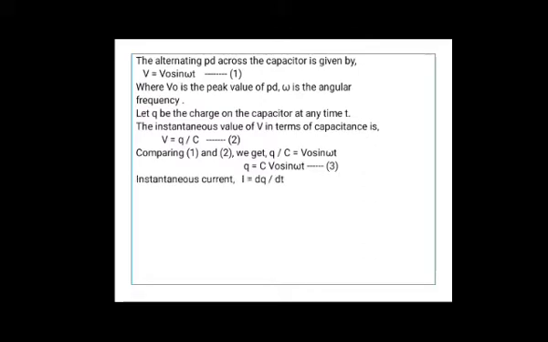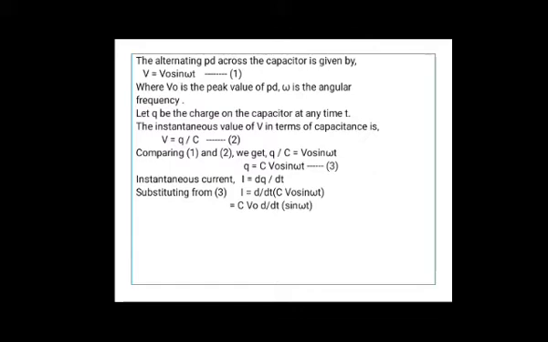As we know, instantaneous current I is equal to dq divided by dt. So substituting the value of Q from equation 3, we get I is equal to d by dt of C V naught sin omega t. Now you have to differentiate this.